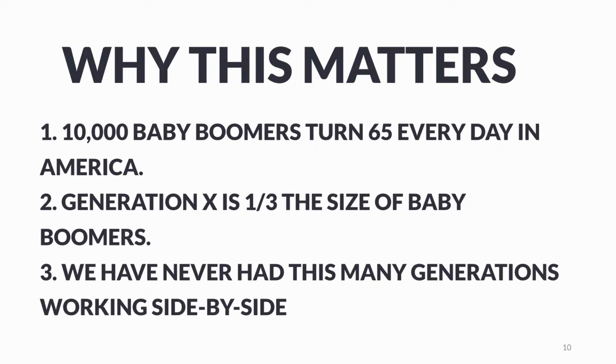And so really that leads us to number 3, that we really haven't had this type of situation before, that we've had 5 generations in the workplace today. And I'm going to now go into breaking down each generation, some of their priorities, some of their benefits, some of the great things that they do, some of the challenges that they still have, because I think it's really important for us to understand how we all fit together.